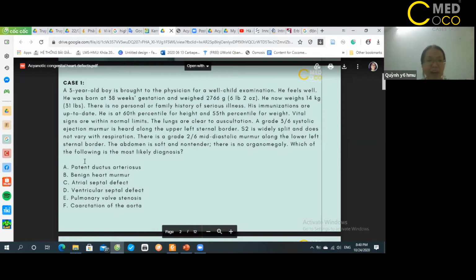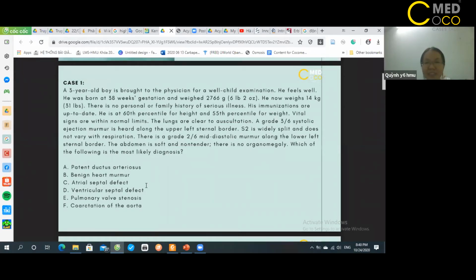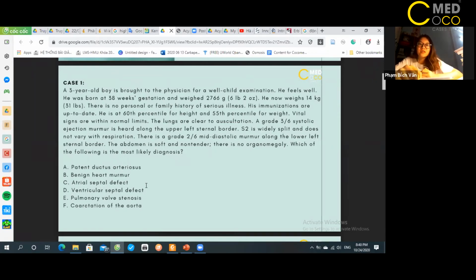Okay. For the benign heart murmur, do you think it's a benign heart murmur? As I read, a benign heart murmur situation is that except for the murmur, the patient has no other signs or symptoms.